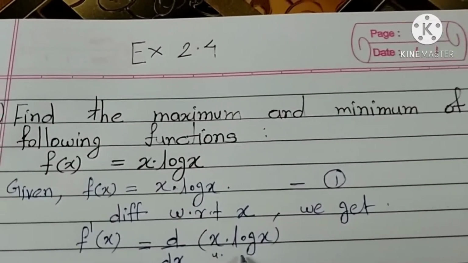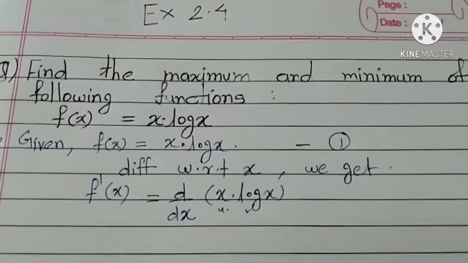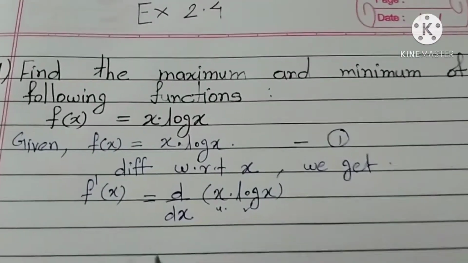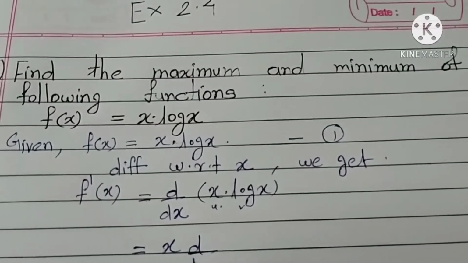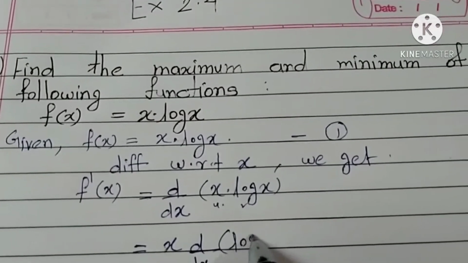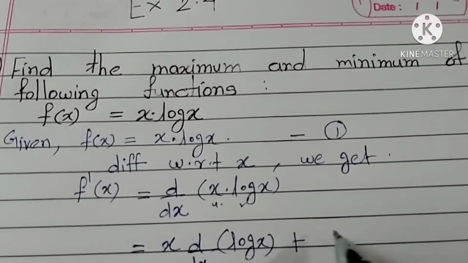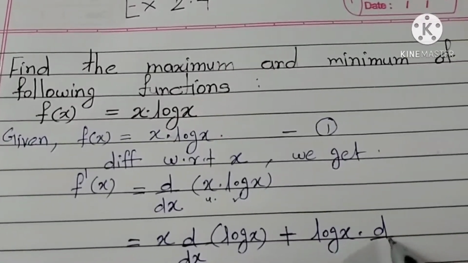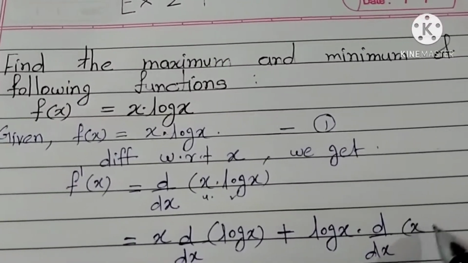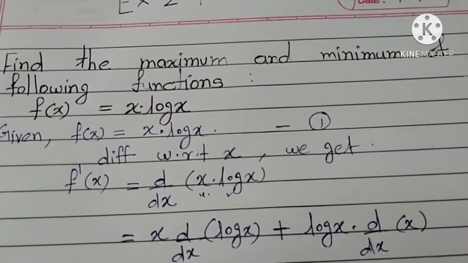Suppose this is u, this is v. Now take the derivative of u into v: x as it is, derivative of the second function, plus the second function as it is, derivative of the first function. This is our product rule.